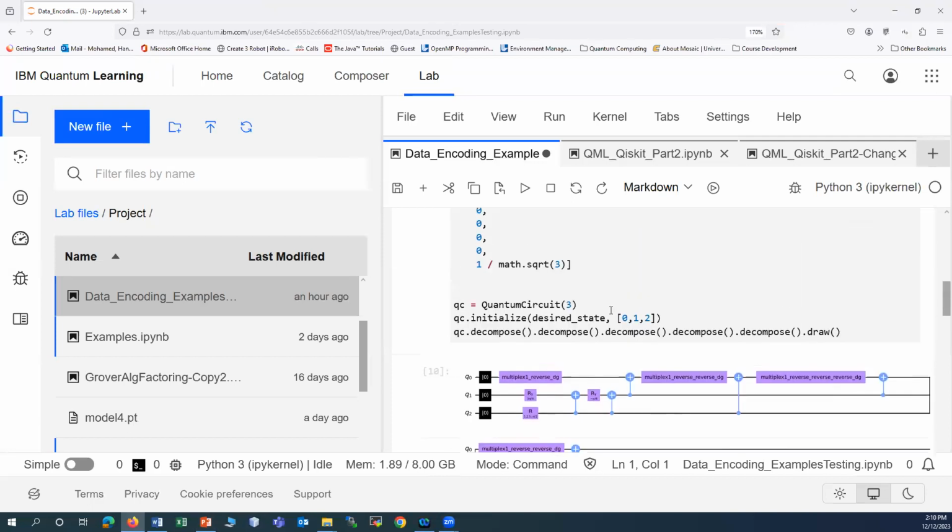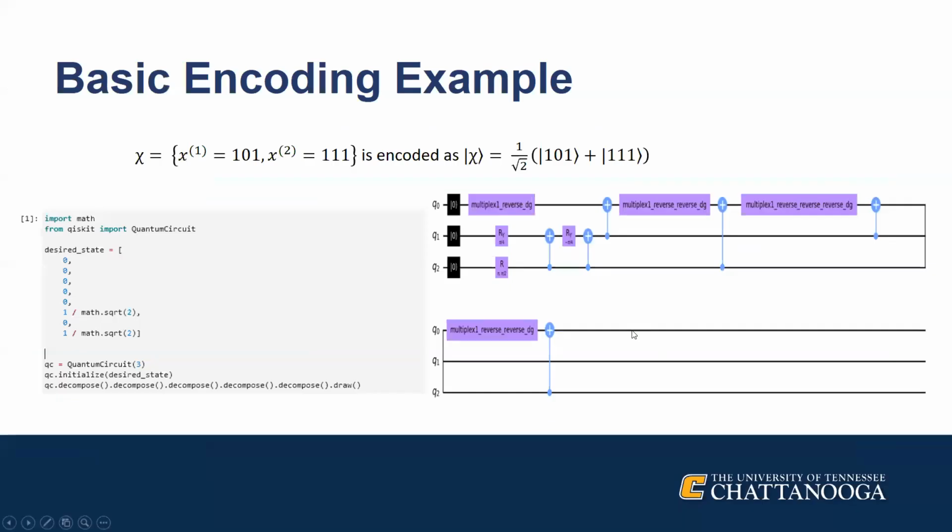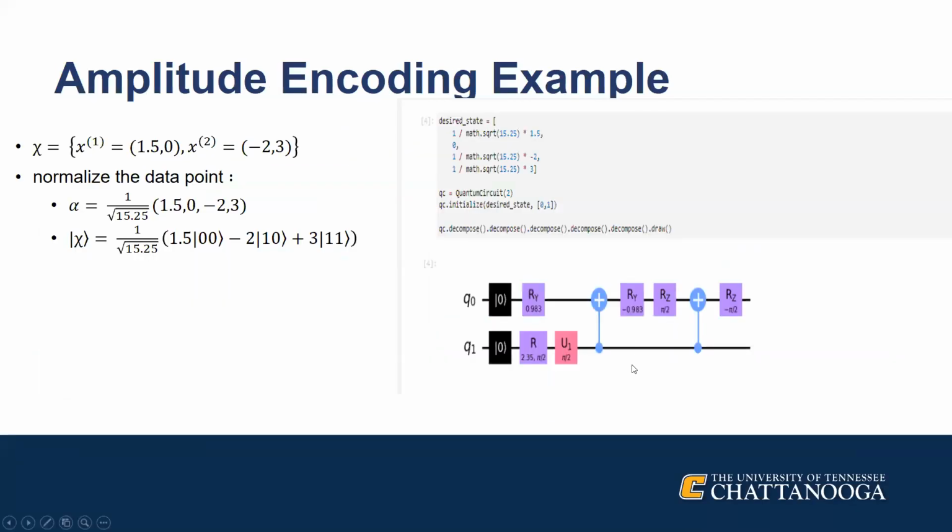For the other encoding, as I mentioned, I'm going to talk about 2 of them. The other one is the amplitude encoding. The amplitude encoding is basically, we have n qubits that represent a normalized classical n-dimensional data set. So if we have here 2 points, we're going to normalize the amplitudes.